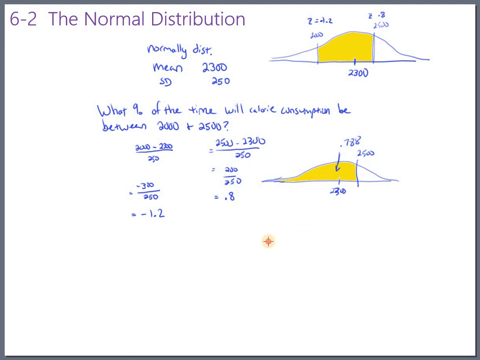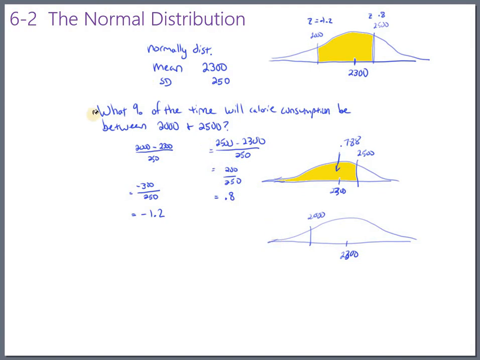So as a separate computation, I know it's a little bit clunky, but it's the way our technology is set up, I'm going to figure out this area to the left of 2,000.